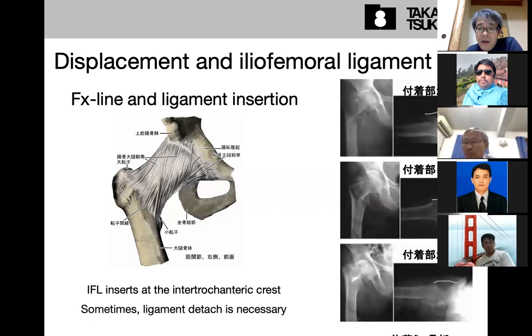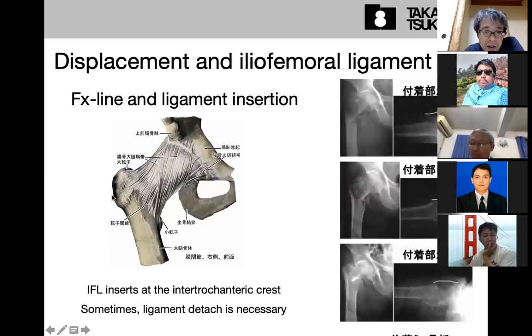So if we add closed reduction after anesthesia on the fracture table and the reduction is not sufficient, one idea is to detach the iliofemoral ligament intraoperatively before the implantation.